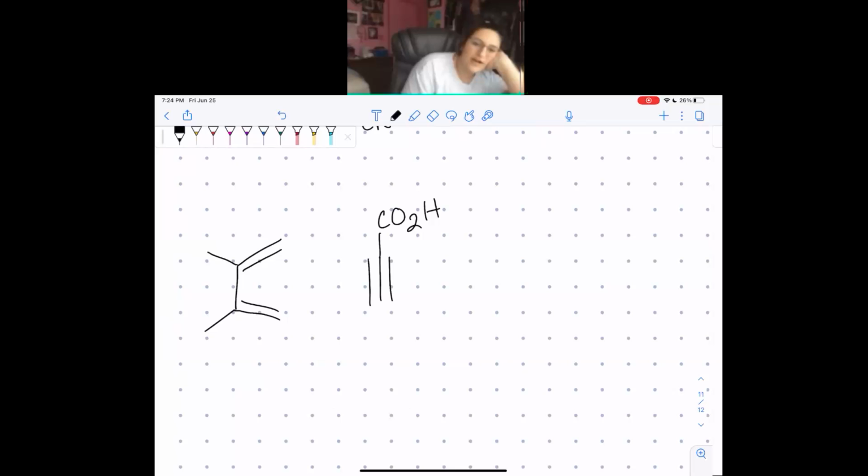And it's pretty much going to be the same exact thing as a double bond. We're still going to name it A and B. And for the diene, we're going to say 1, 2, 3, 4. 1 connects to A. 4 connects to B. Circle, circle, circle.